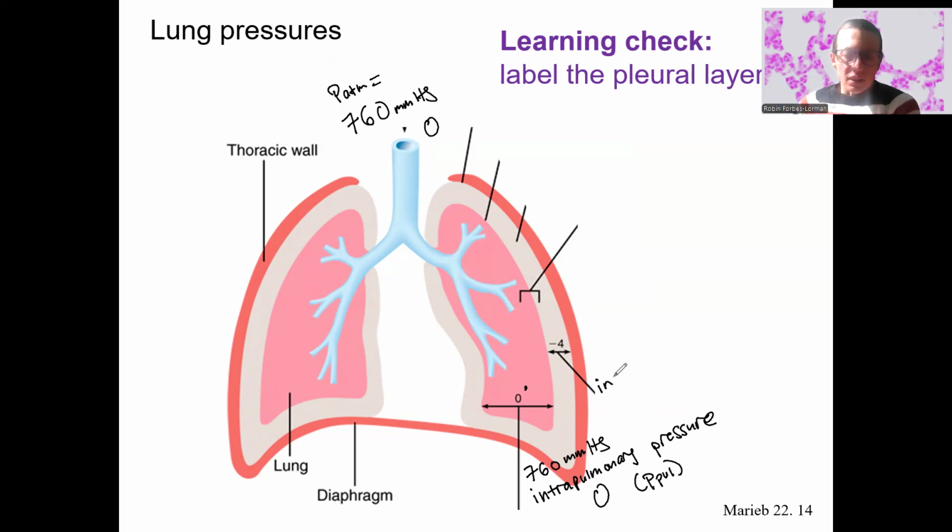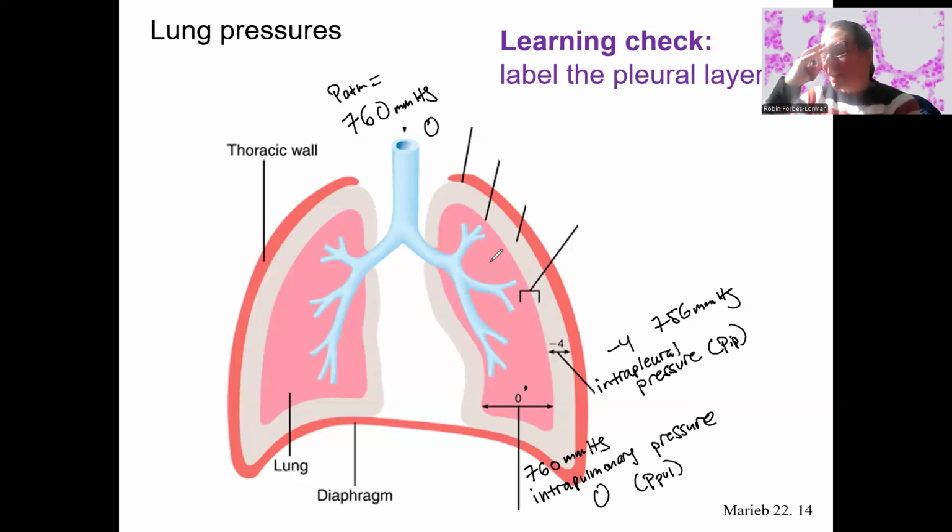There's another number here though. This is intrapleural pressure, in between the two pleura. This is PIP. This is -4, so we could say that's 756 millimeters of mercury, 4 less than our atmospheric. Actually, that's not always true. It's 4 less than our intrapulmonary.